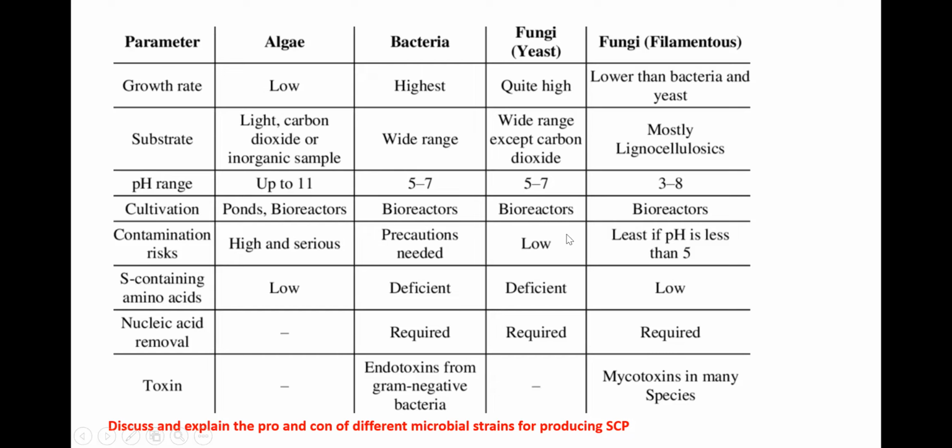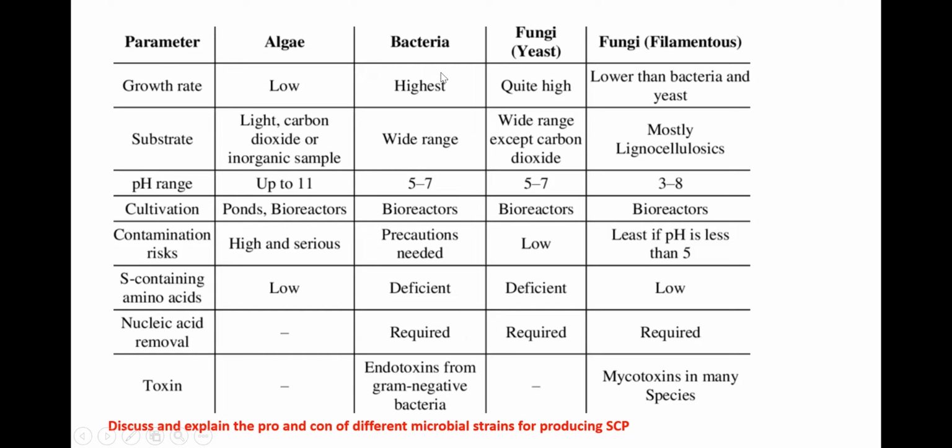So for bacteria and yeast, since they are simpler cells as compared to algae and filamentous fungi, their content of these sulfur-containing amino acids is quite low. So this is a disadvantage for bacteria and yeast. However, in terms of nucleic acid, algae doesn't have any problem with nucleic acid, for example the RNA. The rest of the microorganisms will require this process.